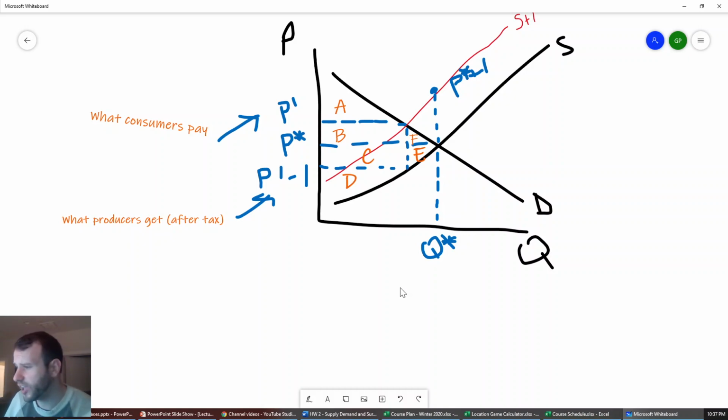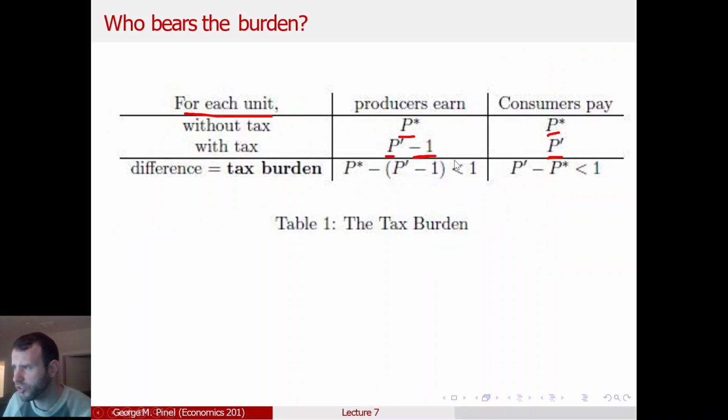The reason it's significant that this is less than 1 is that by virtue of there being a tax of $1, producers aren't facing the whole tax burden. They're not losing all of their surplus as a result of the tax. Some of that's being shifted onto consumers.